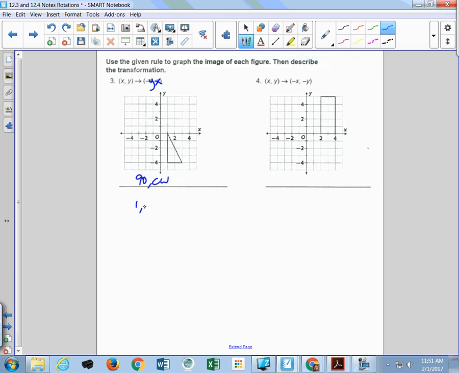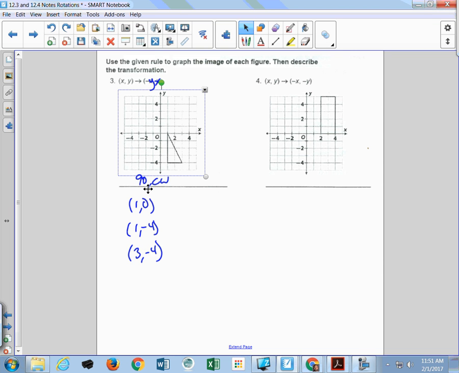Okay. So our points are 1, 0. 1, negative 4. And 3, negative 4. I think we'll just do this one because we're running out of time. All right, so I want to do a 90-degree clockwise.